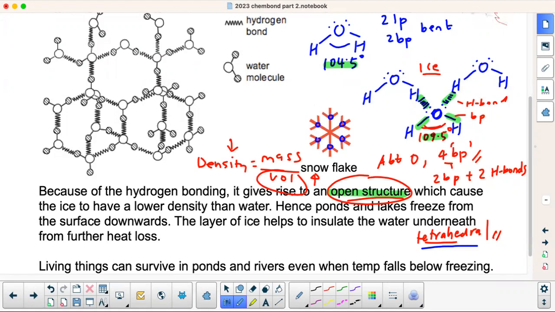All right, so let's try the next question, see whether you can do it. It has something to do with ice. It's actually everything I mentioned to you.